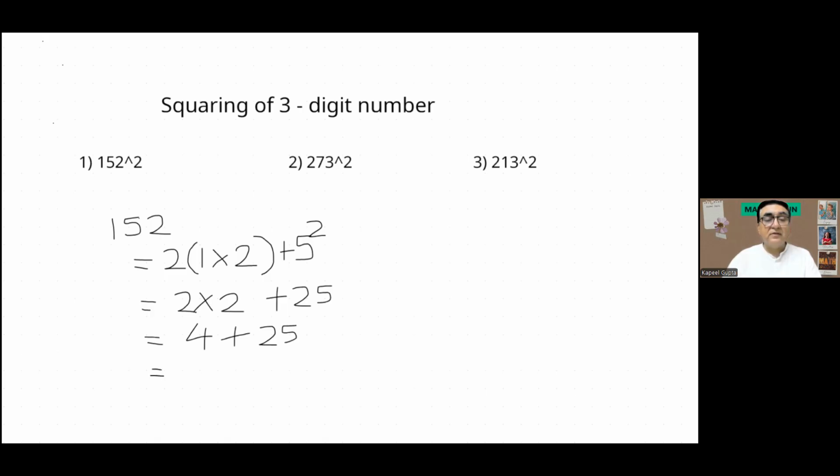Got it? So that is the duplex of a three-digit number. That is, we have to find the product of the first and the last digit and then double it and add it to the square of the middle digit. It's that simple. So every time we come across a three-digit number, we have to find the duplex. So I hope you've understood this. Now let's get on to our main question.